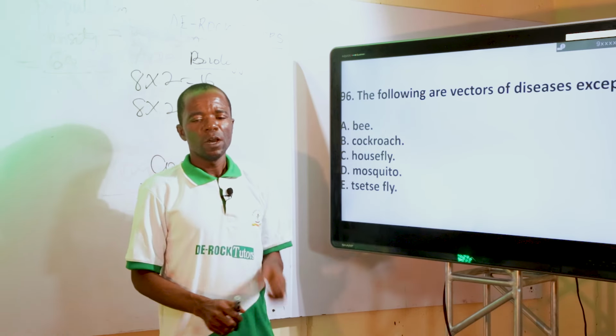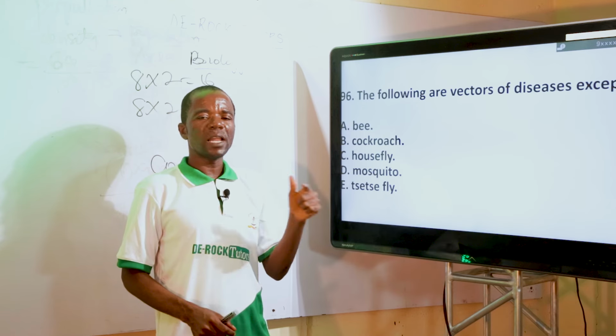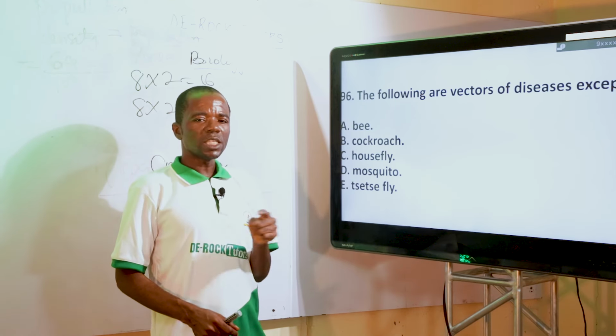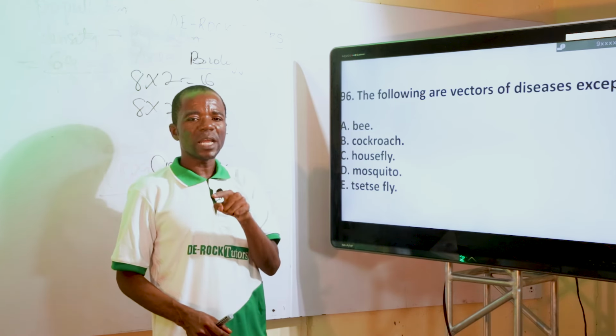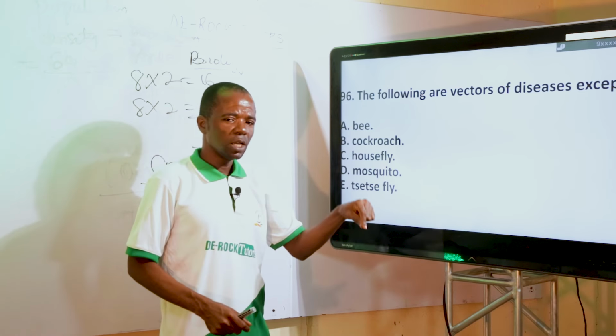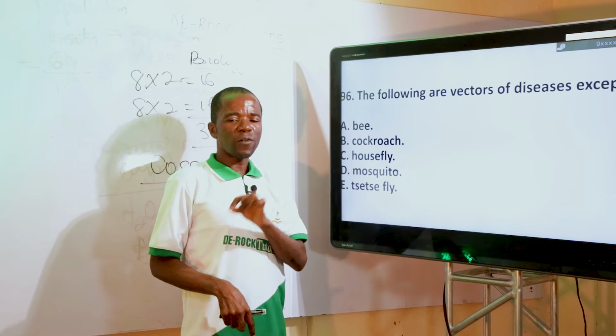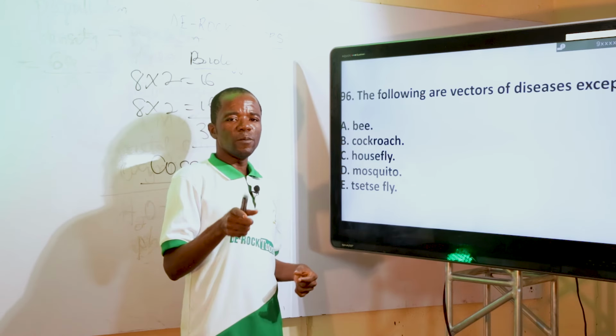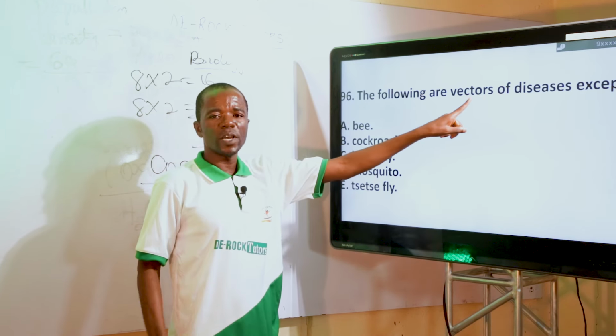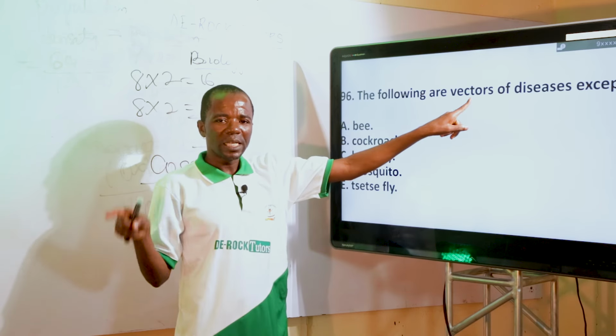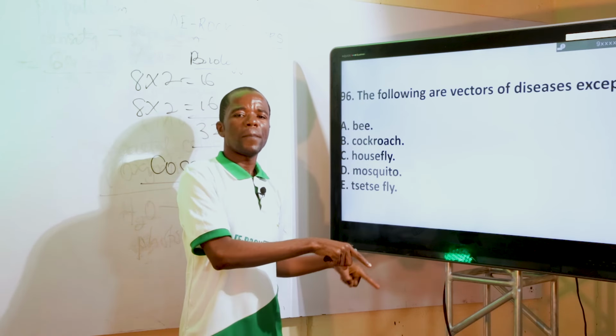The vector for malaria is the female Anopheles mosquito. It is not the female Anopheles mosquito that actually causes the malaria. The causative agent of malaria is Plasmodium falciparum, but it is the female Anopheles mosquito that serves as a vector that helps to carry that disease-causing pathogen.